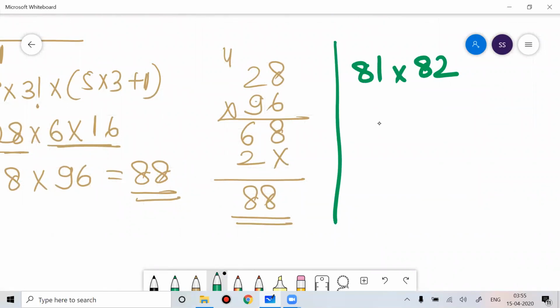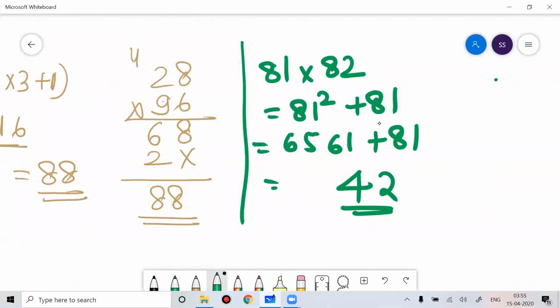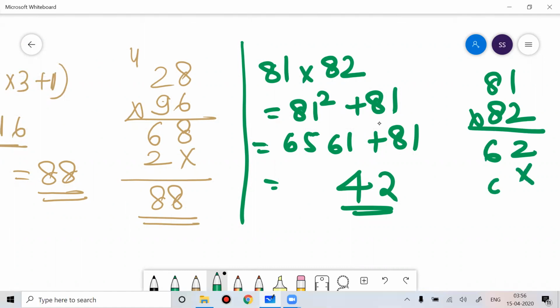Either you can multiply, or you can write 81 square plus 81. 81 square is 6561 plus 81, which gives 42 as the last two digits. Or you can multiply them: 81 into 82, 2 1s are 2, 8 2s are 16, and 8 1s are 8. So you get 42.